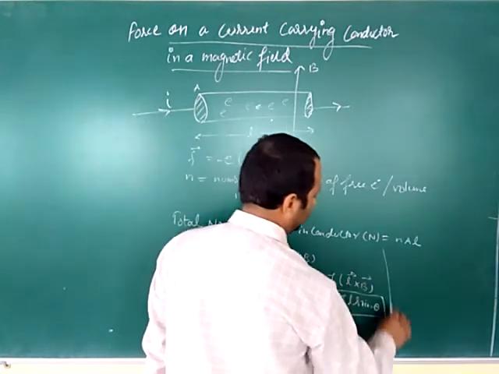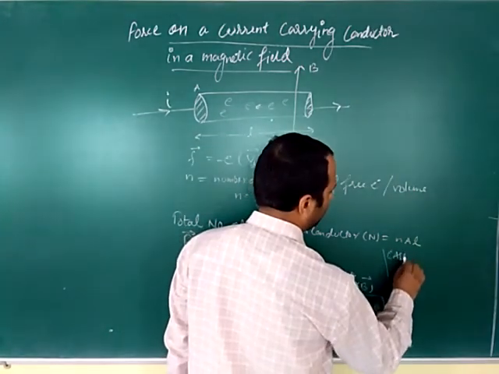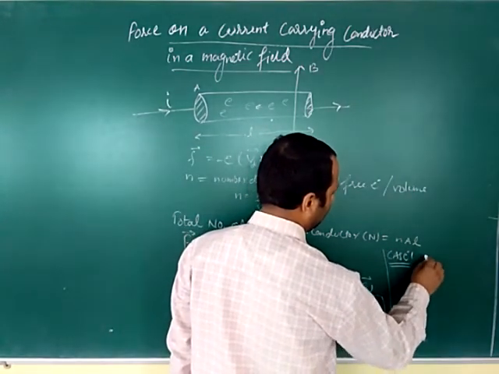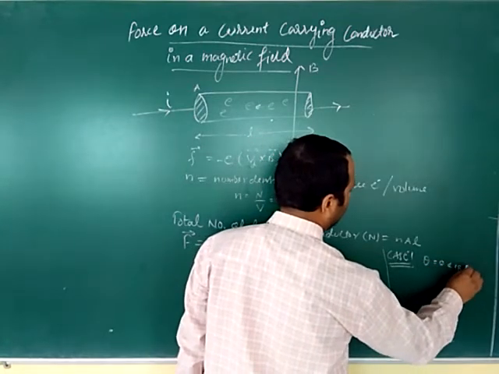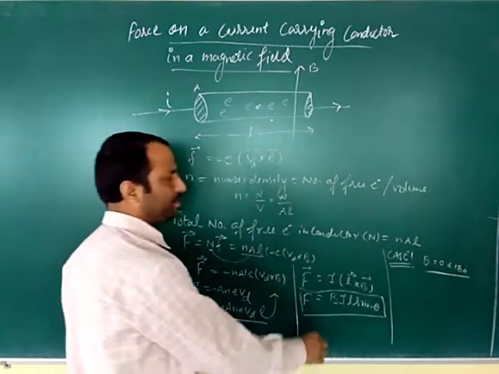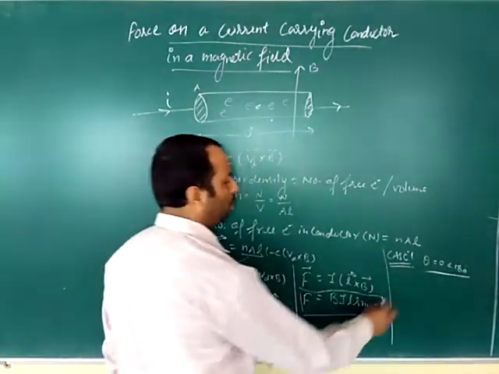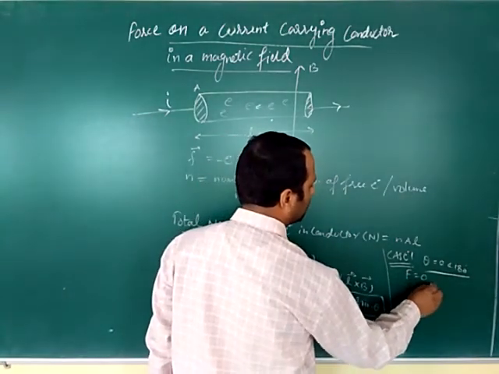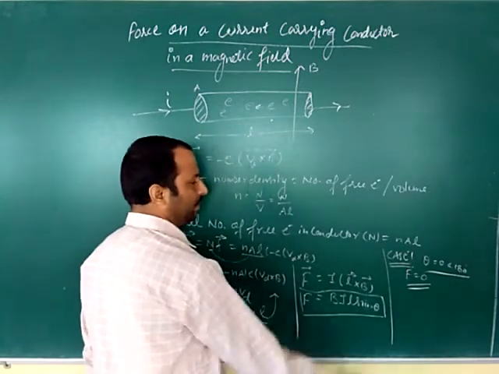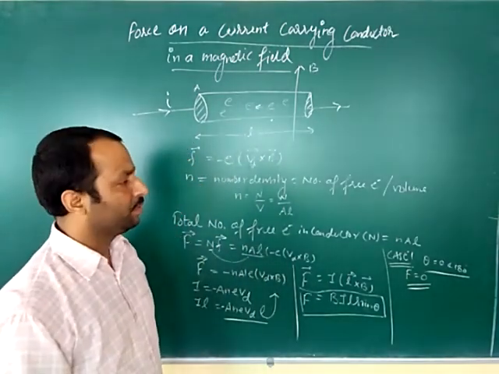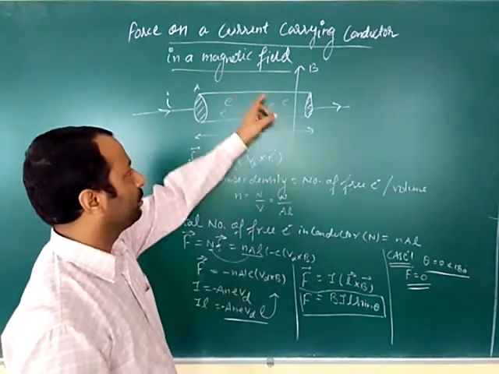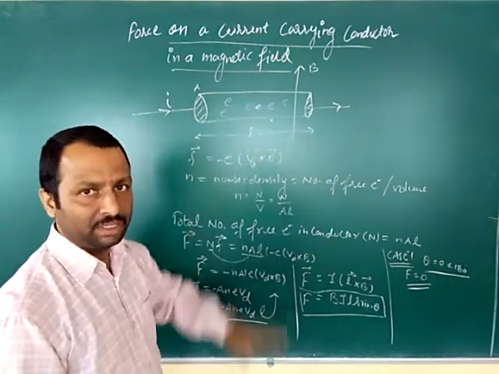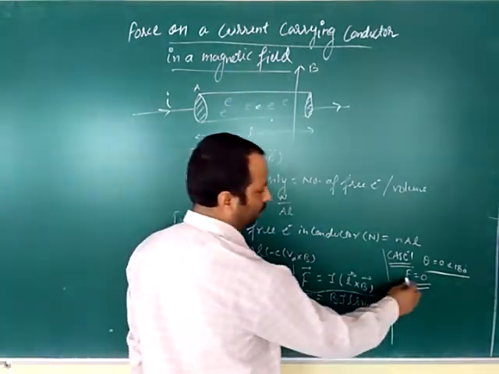Some cases are there. Case number 1: when theta is 0 or 180, no force will be experienced, because when sin 0 is 0, the force becomes 0. That is, when the current carrying conductor is placed along the magnetic field, it will not experience any force.